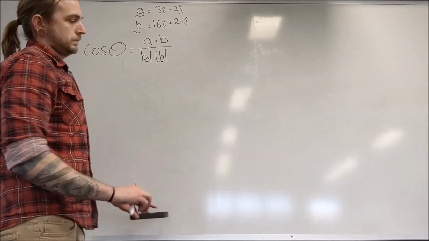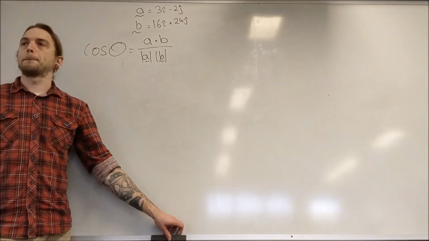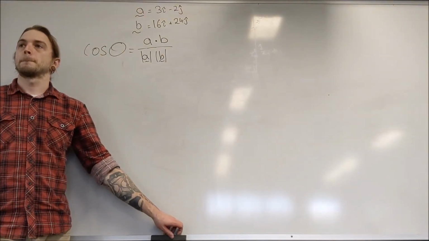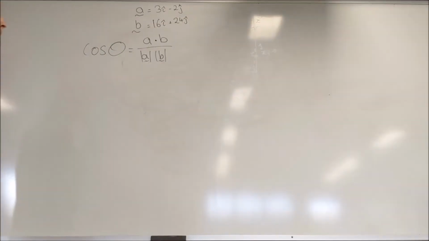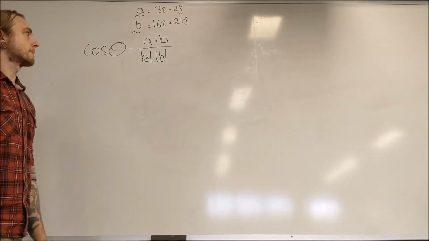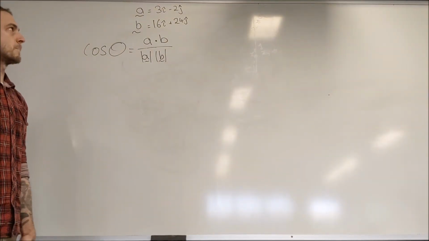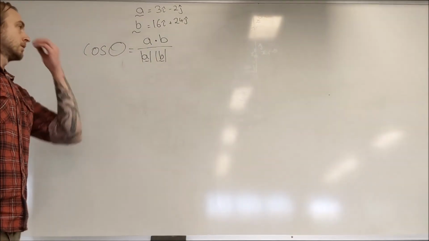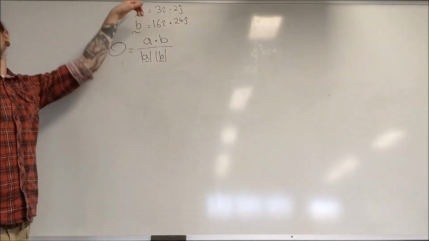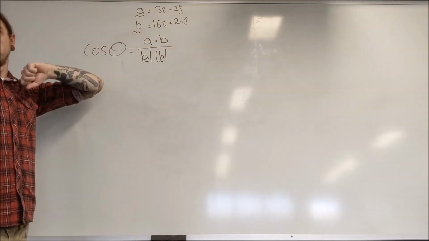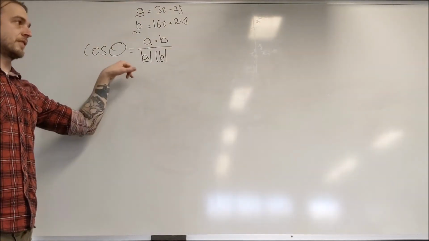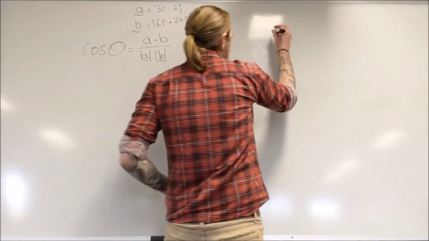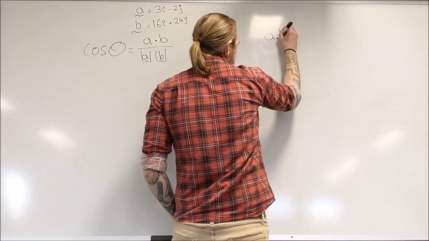There is a different dot product rule, but the one I'm going to show you now is the one you want for this kind of question because it's a whole lot easier.